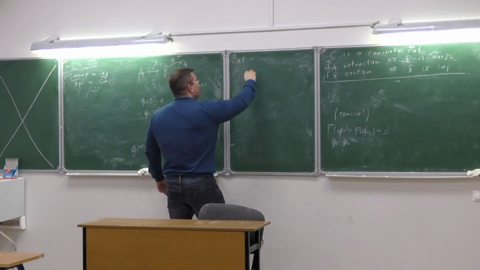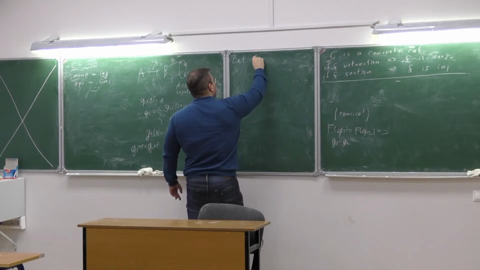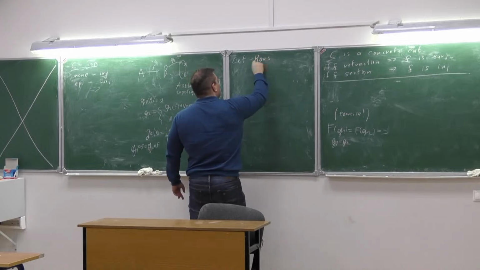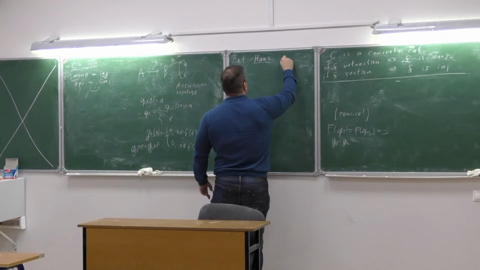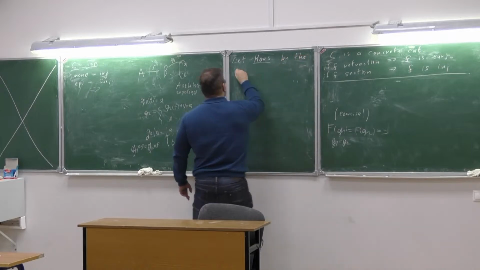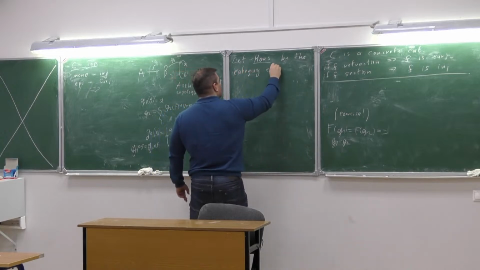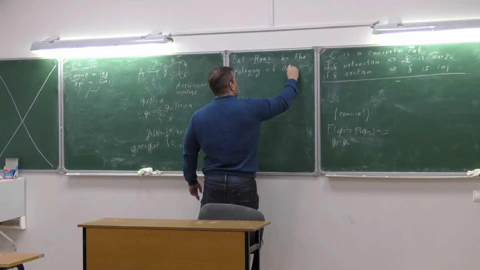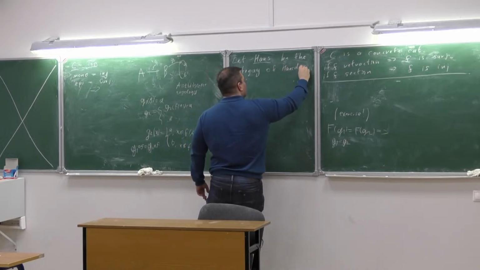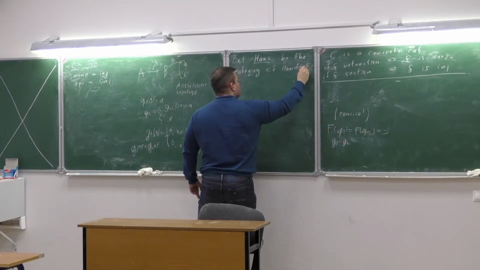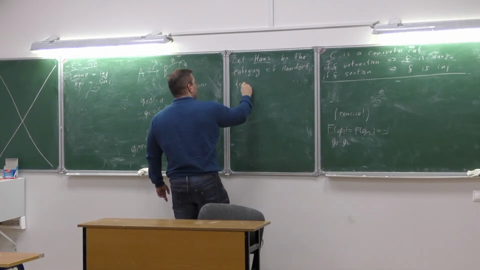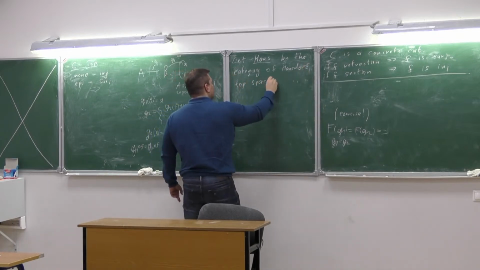I don't know the standard notation, so let me introduce notation. Let Haus stand for the Hausdorff topological spaces. So let it be the category of Hausdorff topological spaces.